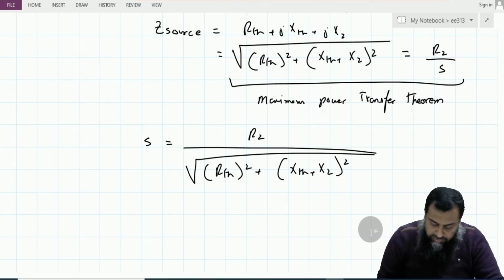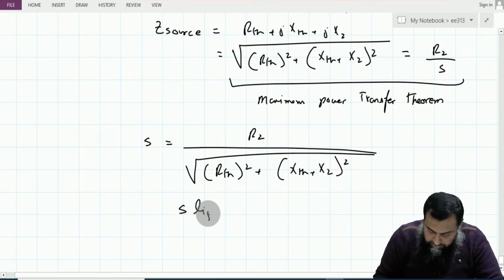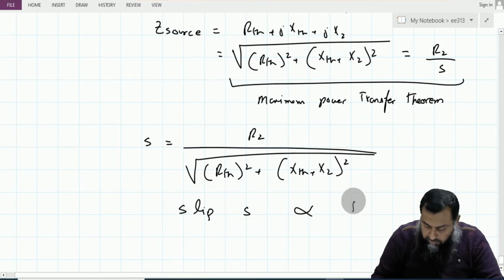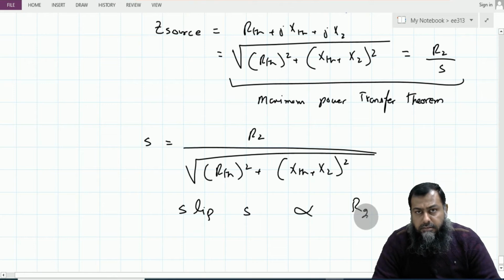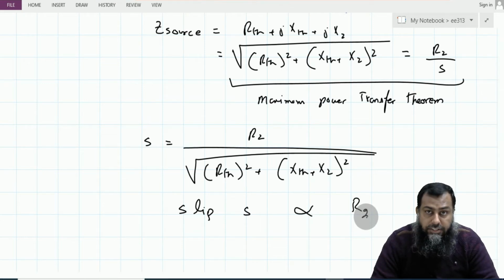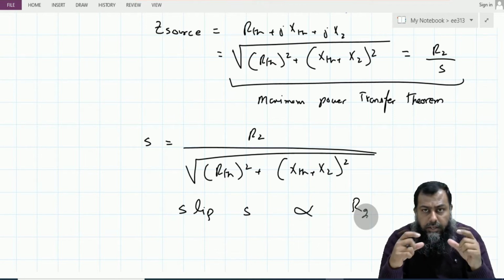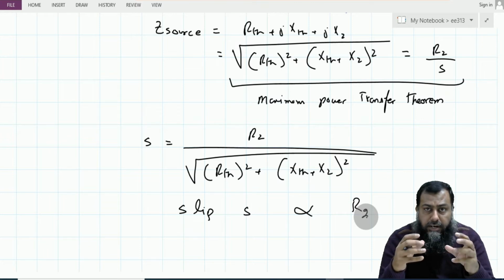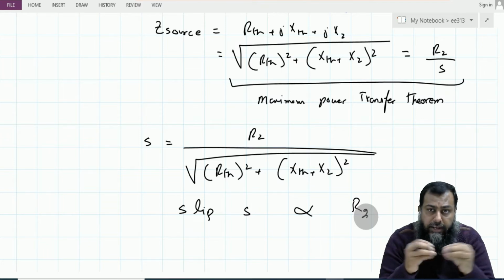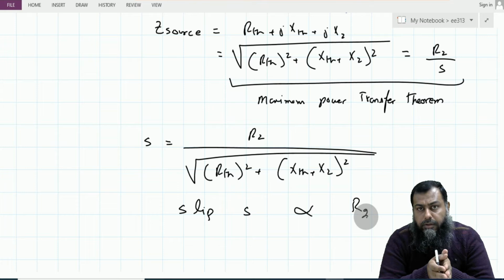Now, one thing we have seen here from this particular expression is that the slip S is directly proportional to the value of the resistance R2. And this is something which provides an edge to the wound rotor induction motor compared to a squirrel cage induction motor. Because in a squirrel cage induction motor, the rotor is formed such that we do not have any external connection with the rotor circuit.